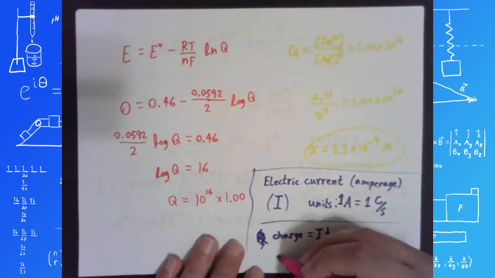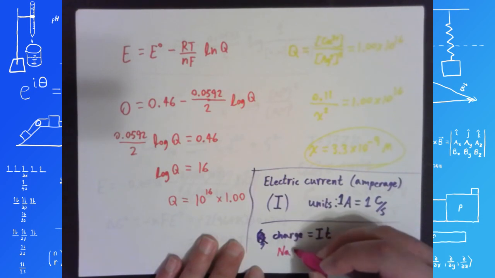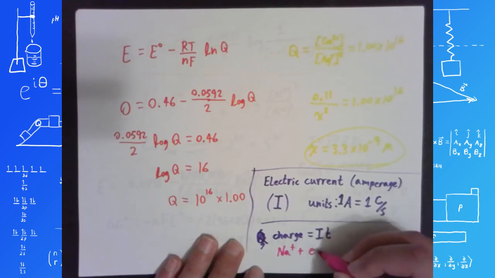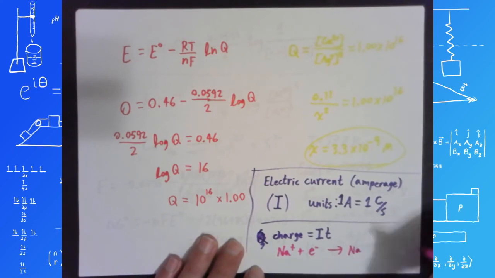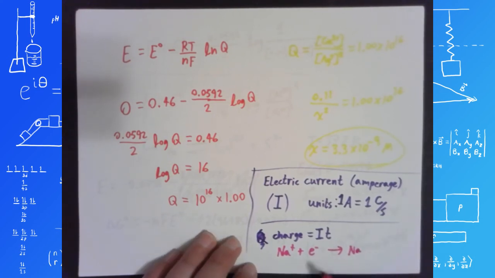And of course you can just look at the half reaction and go, well, for every 1 mole of sodium ions you need 1 mole of electrons to produce a mole of sodium metal.